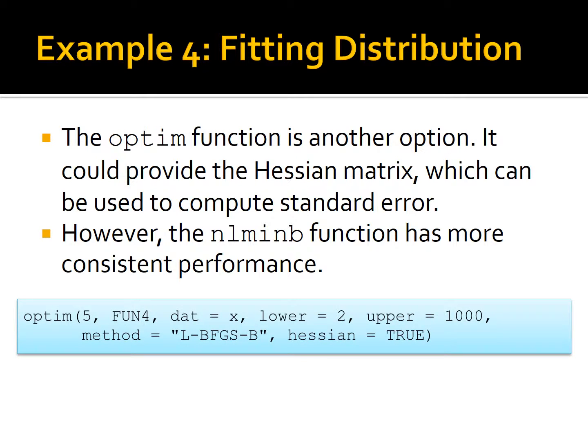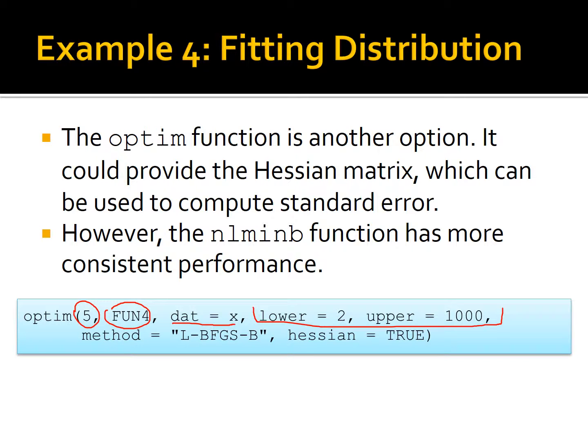The optim function is similar to nlminb in that we put the starting value here, the function here, and also the additional arguments that we use. We can put the boundary, such as lower equal to 2, upper equal to 1000.